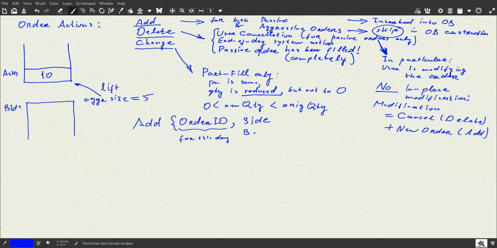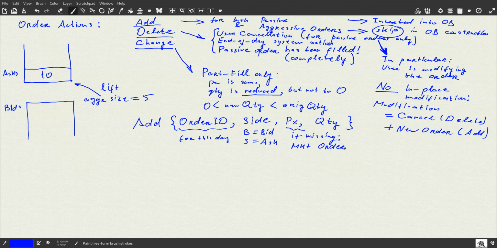Buy is bid, sell is ask, price, quantity. The price may be missing. What happens if the price is missing? What does it mean? It means we sell by the market price. It is a market order. You're absolutely right. If missing, it is a market order.